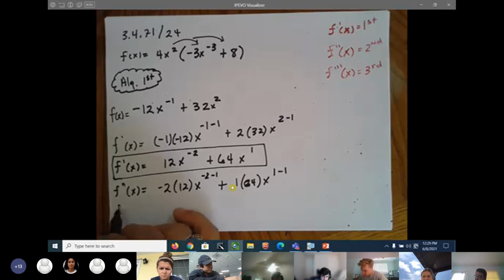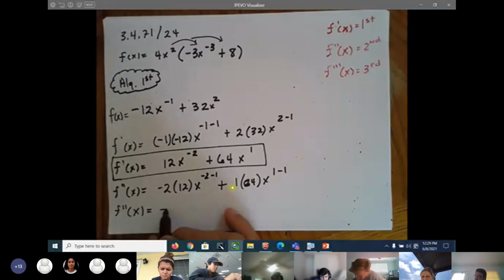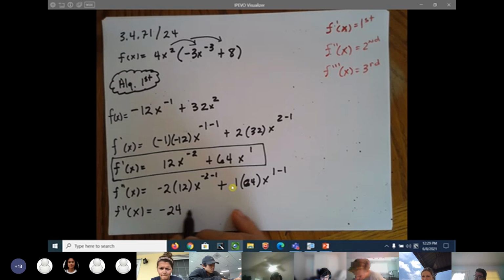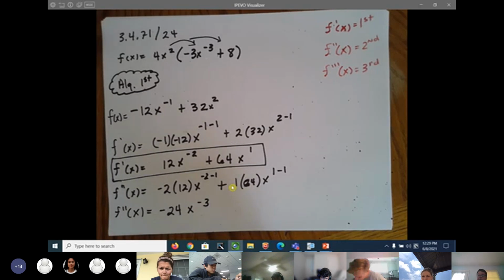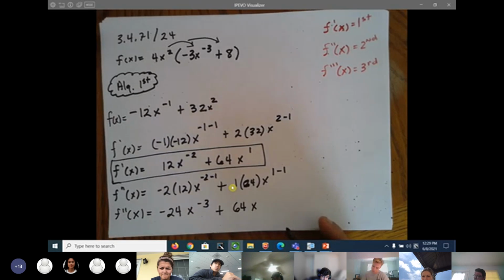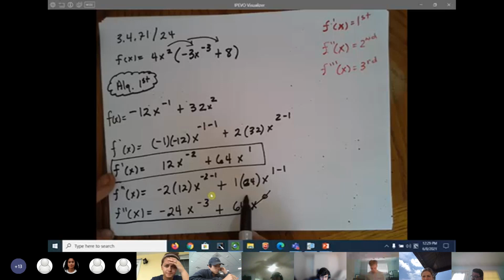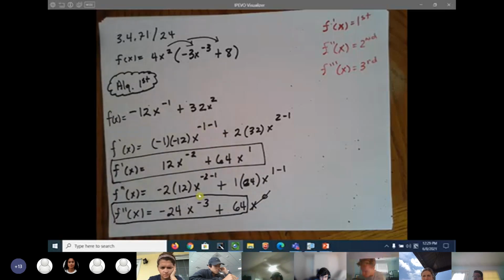So f double prime of x is equal to negative 24x to the negative 3 plus 64x to the 0, and that's 1. So f double prime is equal to that.